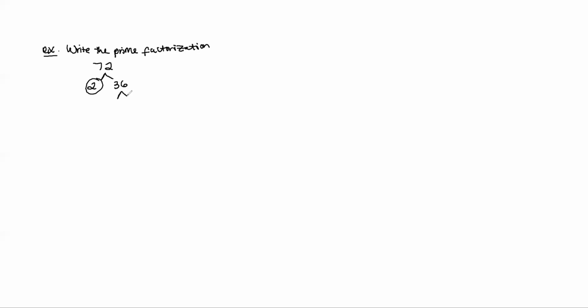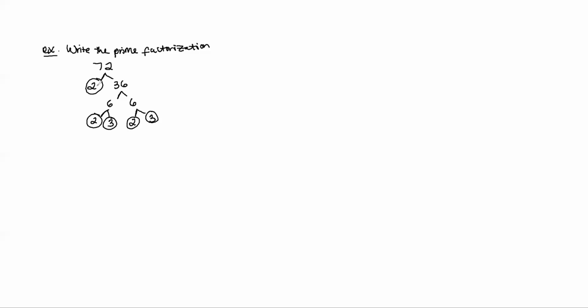So now I'm going to go ahead and break 36 into, say, 6 times 6. You could have picked another pair. And now both of these can be broken down into 2 times 3, which are both prime. And now that all of the ends of the branches are prime numbers, this gives us our prime factorization. We can write it a couple ways.